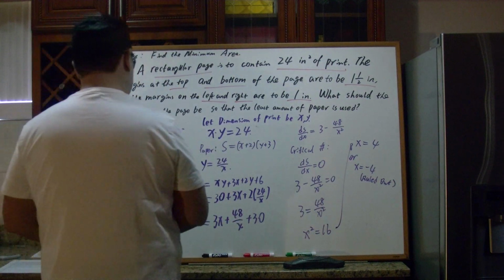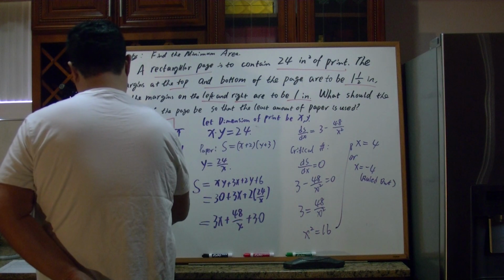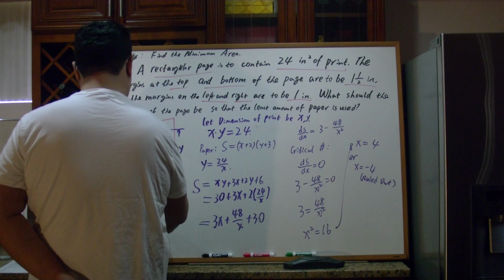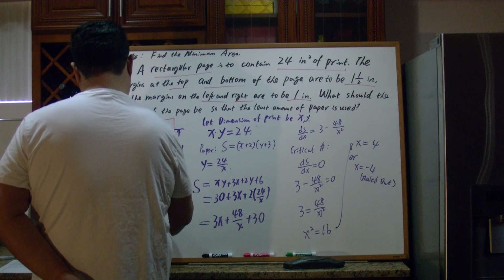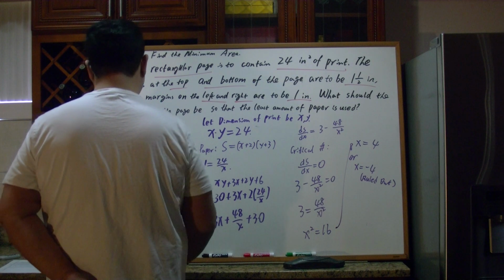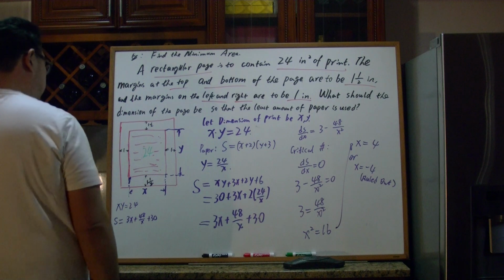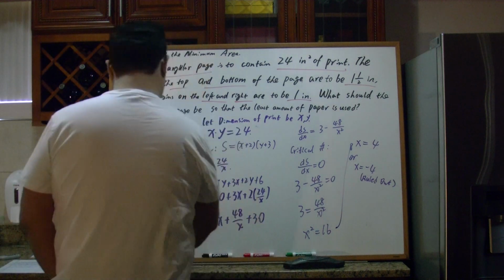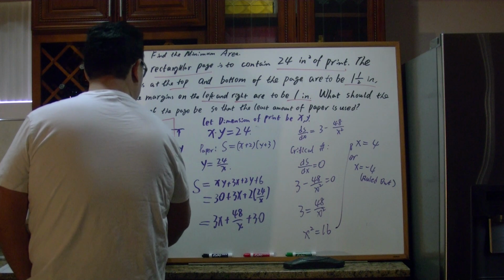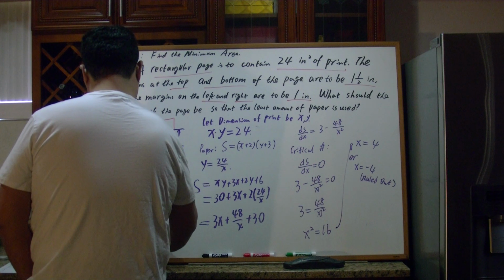I will save some information over there. xy is 24, S is the area, and dS/dx is 3 minus 48 over x squared.